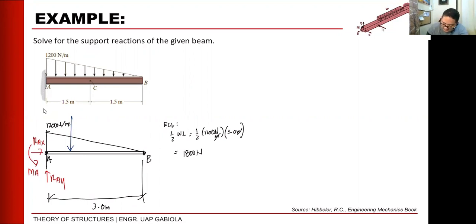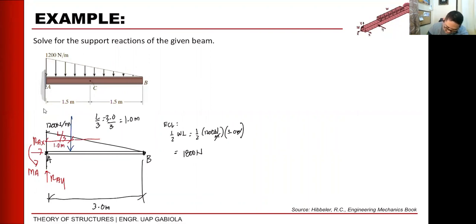And then yung location natin from the diagram is ito is L over 3. Okay? So, yung L over 3 natin, dito ko na lang lalagay. So, 3.0 divide 3, that is 1 meter. So, ibig sabihin ito is 1 meter.